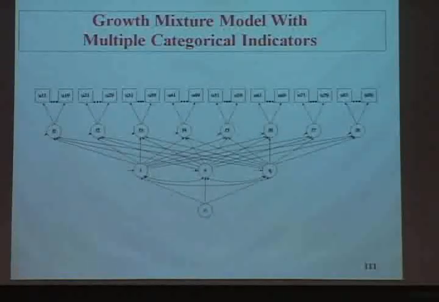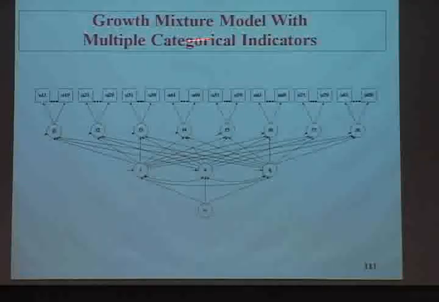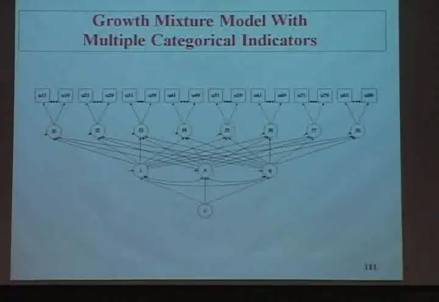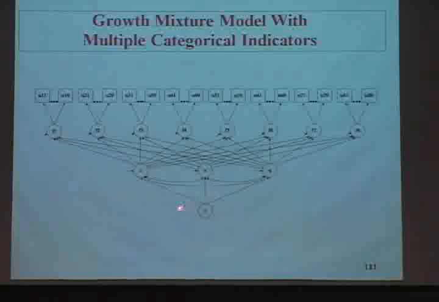And here's another advanced model. It's a growth mixture model with multiple categorical indicators, which you cannot do in ML. You cannot do this with weighted least squares either. So that's truly the only estimator that can be used here, because you have a latent class variable on top.